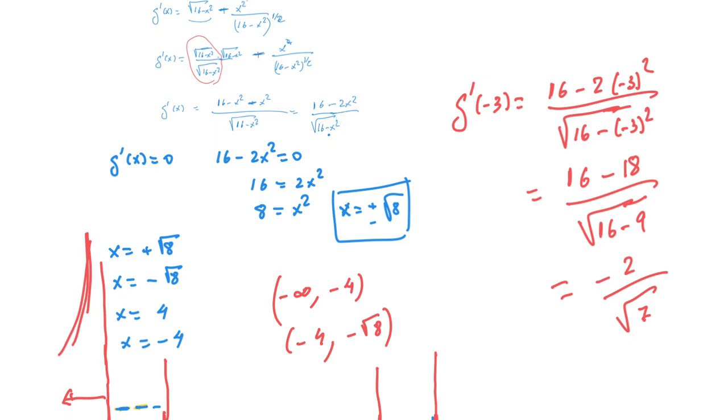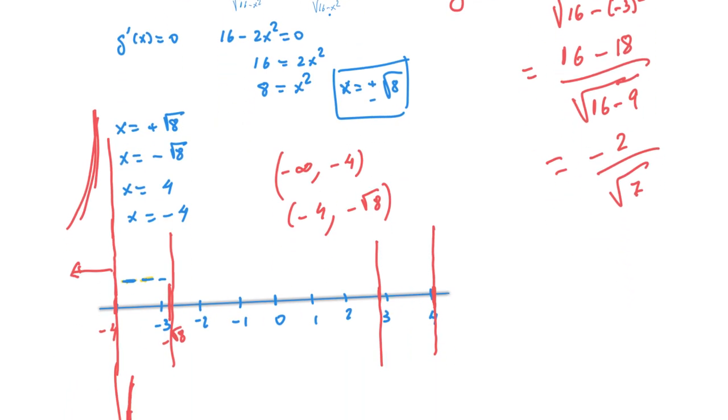If I plug in 0, I have 16 in the numerator and the square root of 16 in the denominator, because x is 0, so this is positive. So for this interval, the slope, the derivative, is positive. It means that in this whole interval the function is increasing, and in this other interval the function is decreasing.